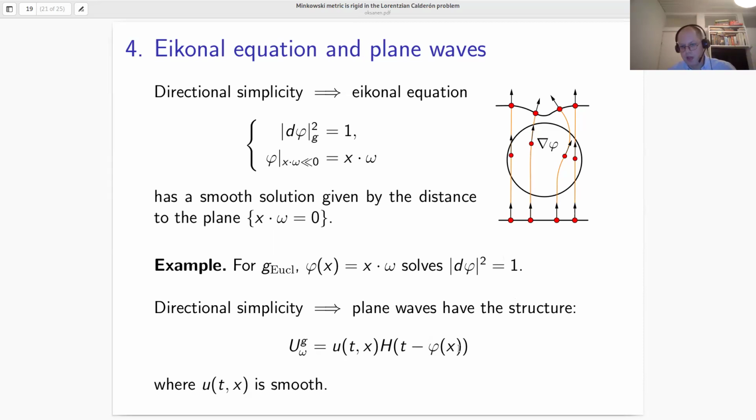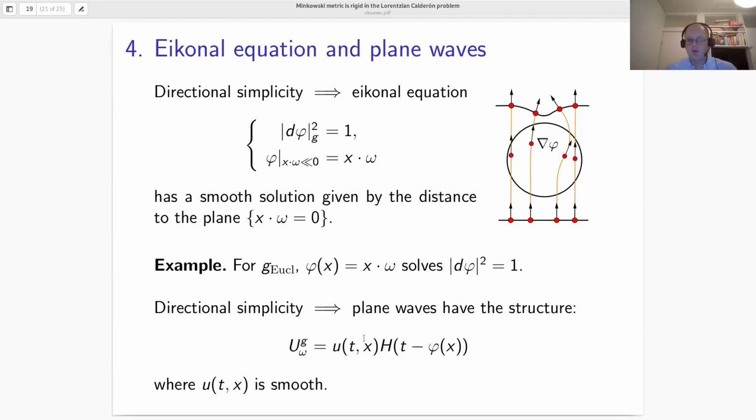So the fact that you must be zero where the Heaviside is zero is simply explained by the finite speed of propagation, whereas the smoothness of U is explained by propagation of singularities.